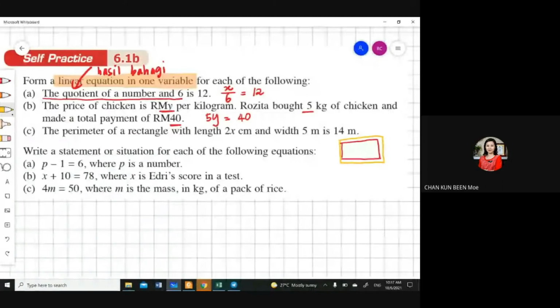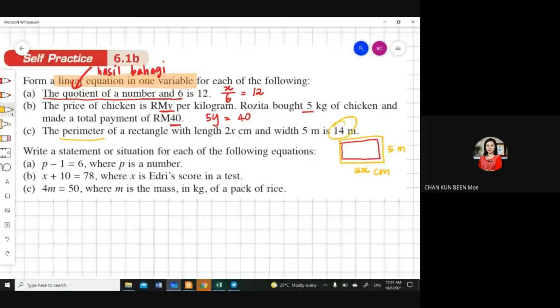So that's the perimeter of a rectangle with length 2x centimeter and width 5 meter. You see, the unit is different right now, so you got to change it to the same later on. The total is 14 meter.